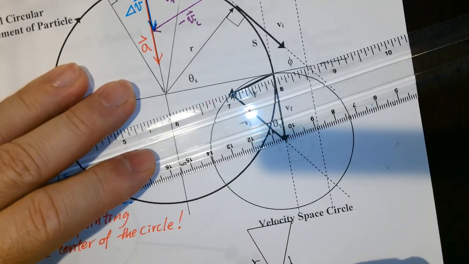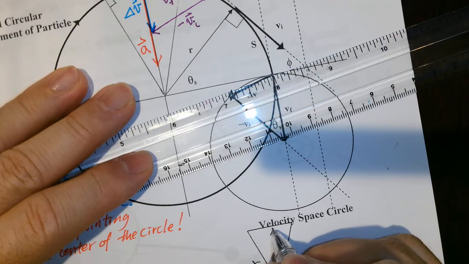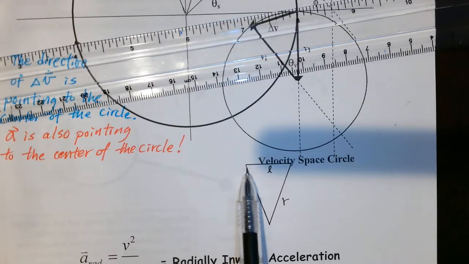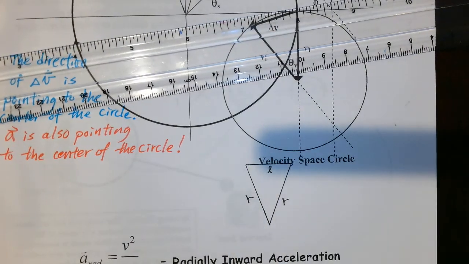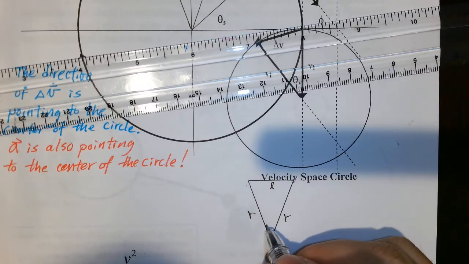So if I were to look at R, R, and L, L is the secant line from the tip of R to the tip of R. And this is the angle theta.